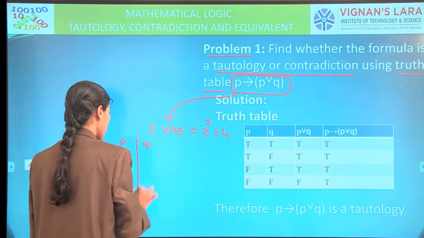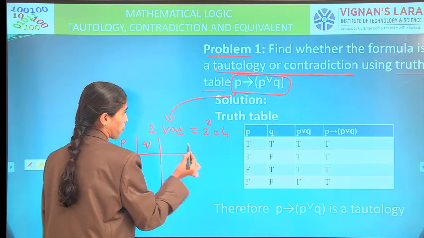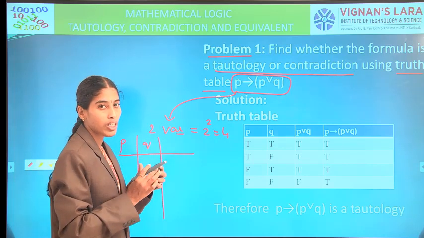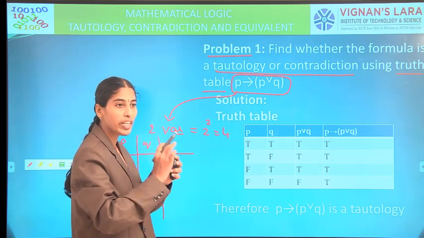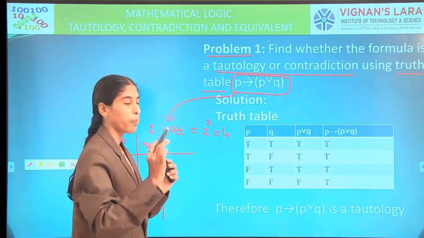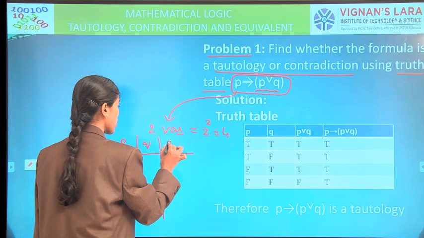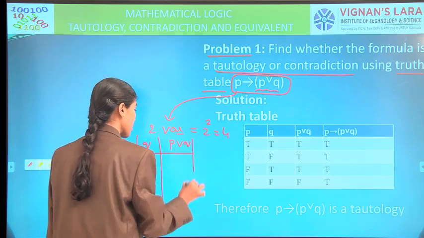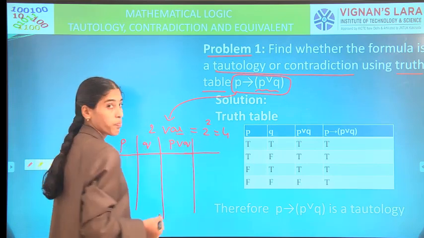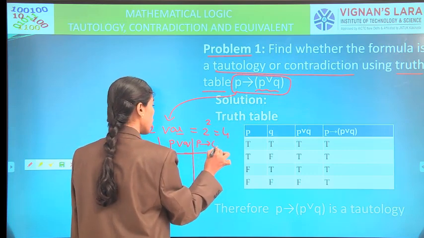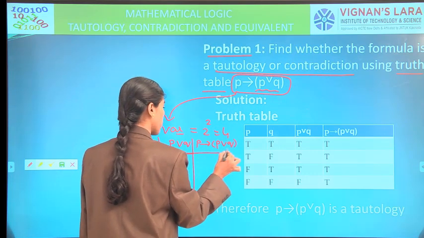P and Q. Then, step by step, splitting each part of the given proposition, we finally need to reach the given proposition. What is the first part? P or Q is the first part, because it lies in the parenthesis. Next one is P conditional P or Q.